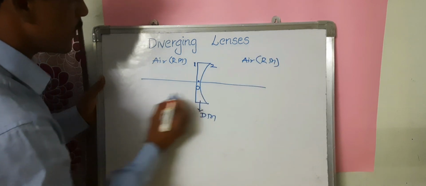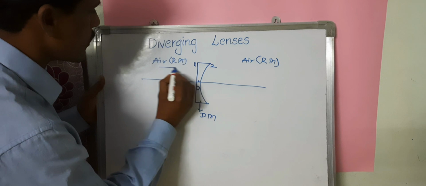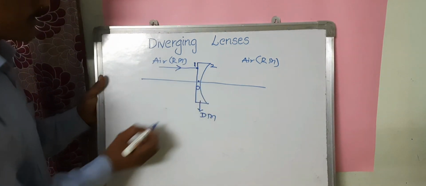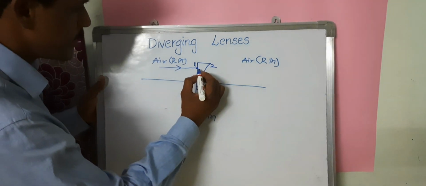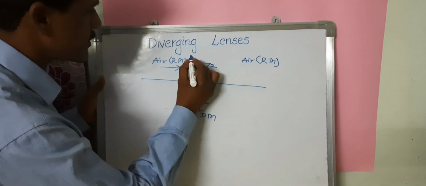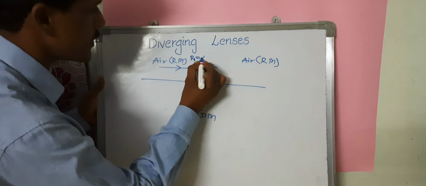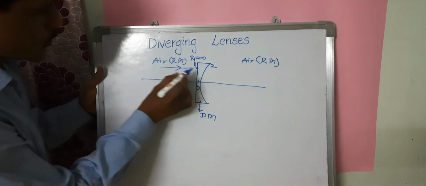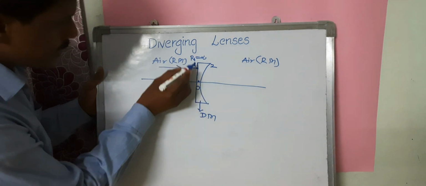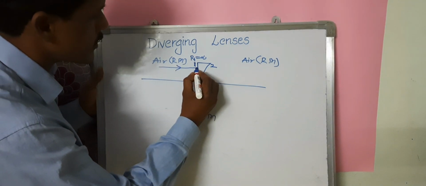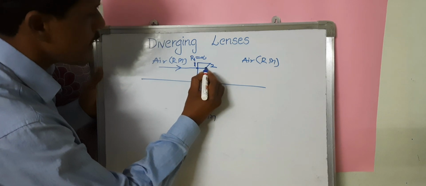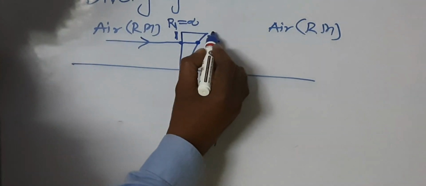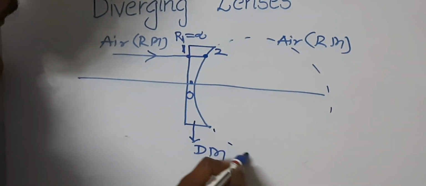Now the ray is parallel to the principal axis, incident on the first refracting surface, that is plane. If the surface is plane, curvature is 0, but the radius of curvature for this plane surface is infinite. Here it is traveling from rarer medium to denser medium, but it is a plane surface, so without deviation it goes like this, and refraction takes place at the second surface. Now I am extending this one.